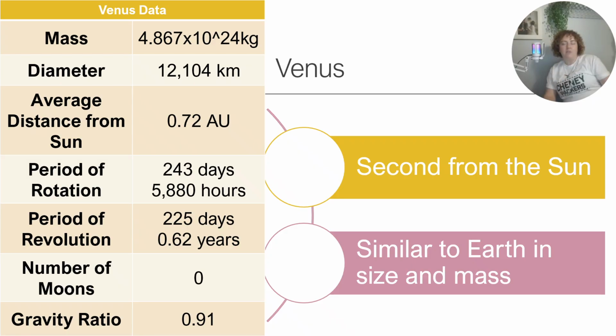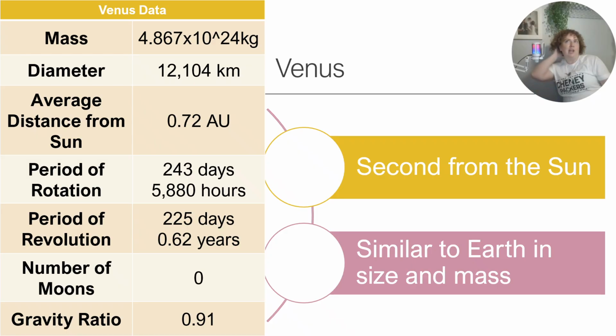So it does not complete one full day within one full year. Venus is weird. Its period of revolution is 0.62, which is about 2/3 of our year. So 8 months is its year for us.